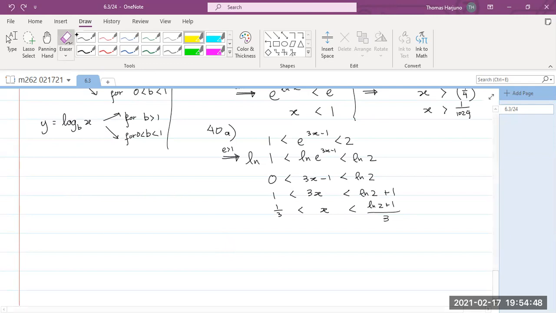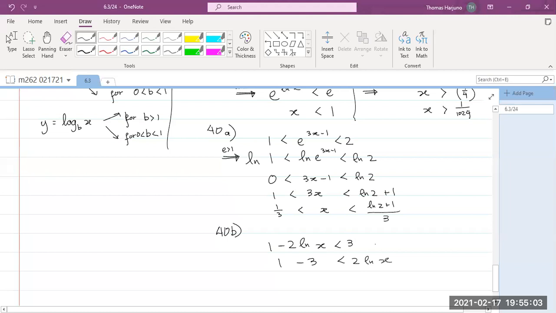Similar 40B. 1 minus 2 natural log of x less than 3. So 1 minus 3 is less than 2 ln x. I basically move this to the right and I move this to the left. That's what I did.